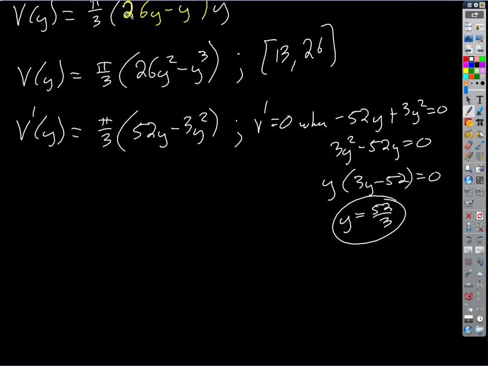Second derivative. What's that going to give us? 52 minus 6y. Okay, and then this would be a pretty simple table.